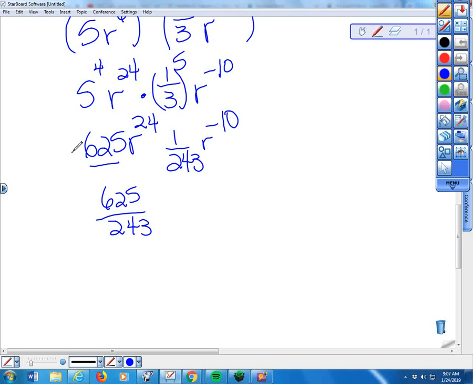When I multiply two of the same base with different exponents, what do I do to the exponents? You add them. So it's 24 plus negative 10. 14. So that's how this gets simplified to this. And if I can simplify this further, I should. Not sure I can.